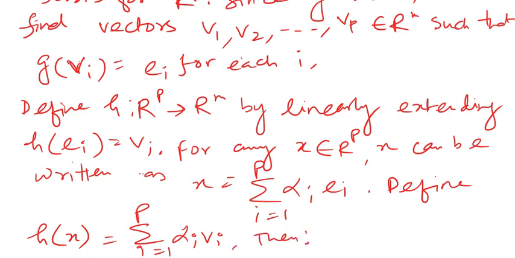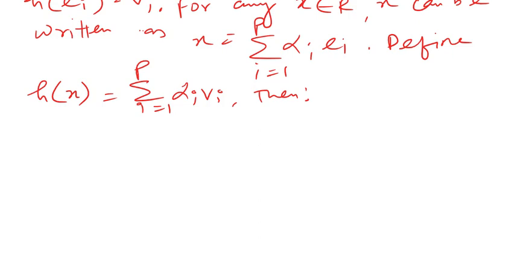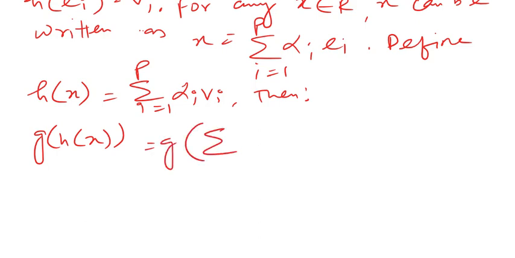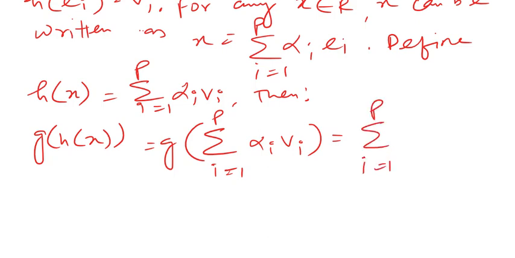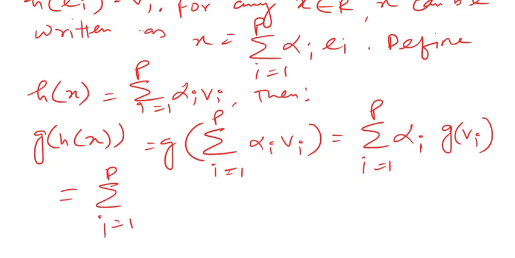Then अब क्या होगा, g(h(x)) equals g of summation i equals 1 to p alpha_i vi, equals summation i equals 1 to p alpha_i g(vi), that means summation i equals 1 to p alpha_i ei, that means x.